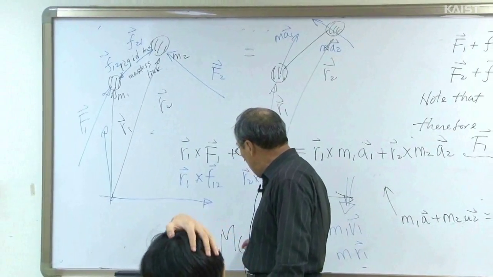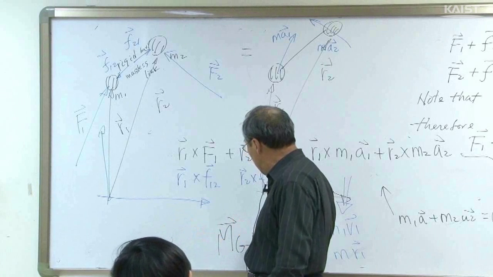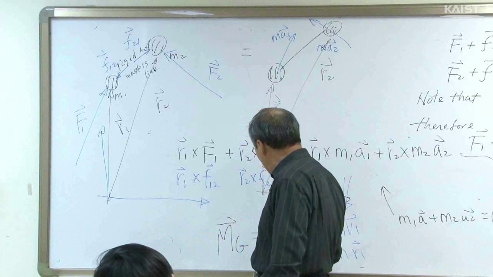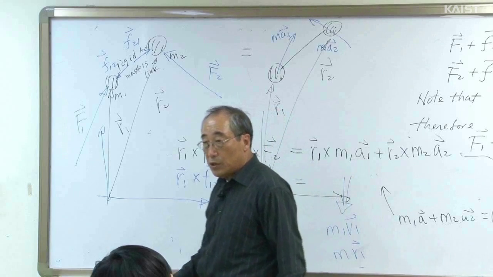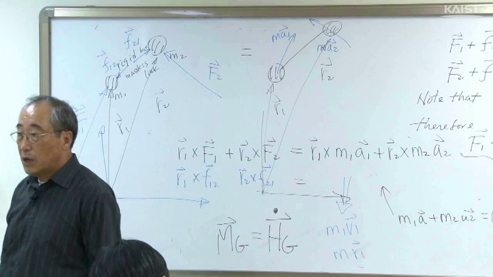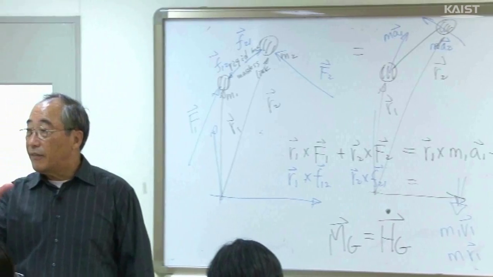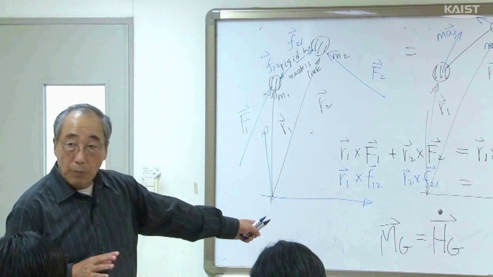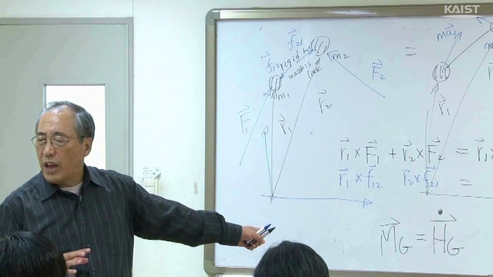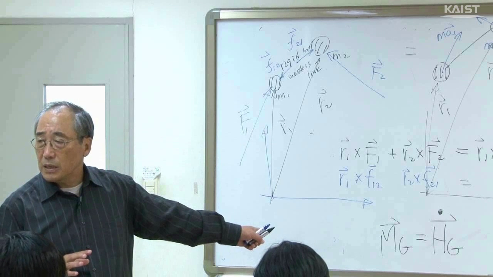Moment acting on center of mass has to be balanced by angular momentum vector change with respect to time. That's the governing equation for rigid body. Very simple form, but very difficult to implement.